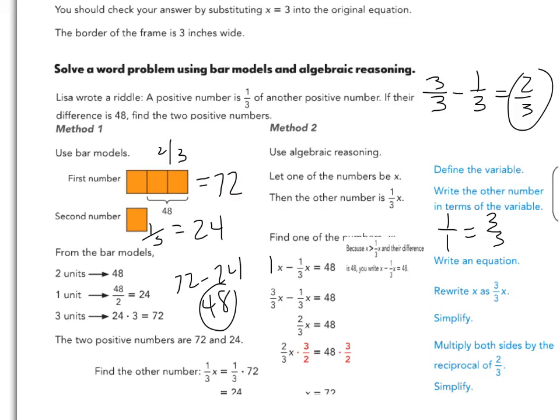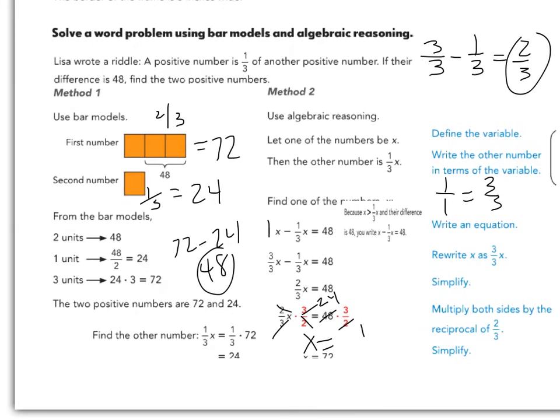We divide to undo our multiplication, but you can't divide fractions. You multiply by the reciprocal, which is 3/2. Those are all going to cancel out, and x equals... You can cross cancel here. This is going to be 24. This is going to be a 1. 24 times 3 is 72, which is what we already got.